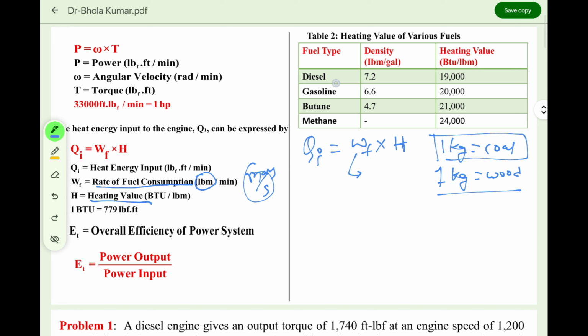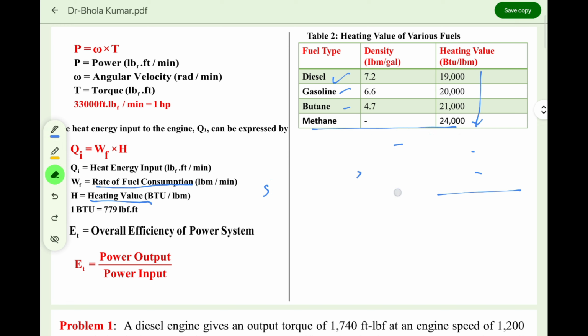Similarly, in this table you will observe diesel, gasoline, butane, and methane will give comparatively more heating value. So if you multiply how much fuel the engine is consuming every second by the heating value, it gives you the input power. Very simple mathematics is going on.